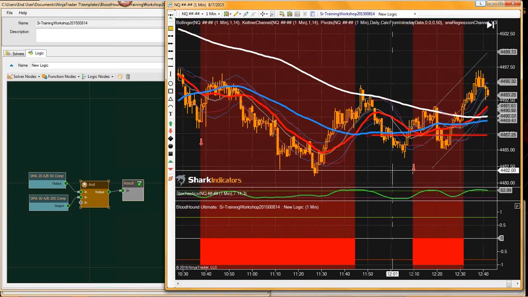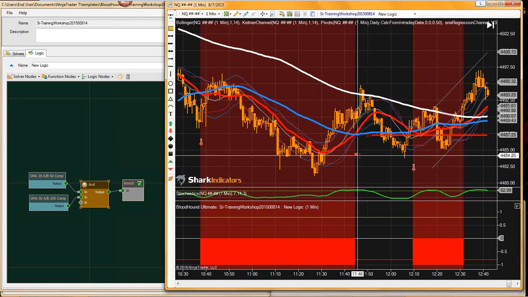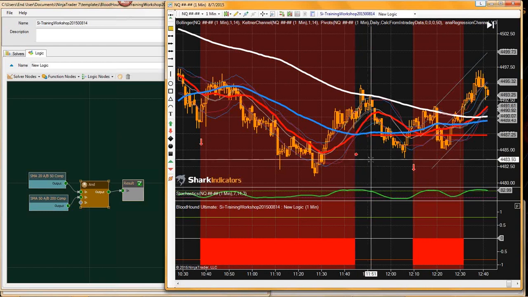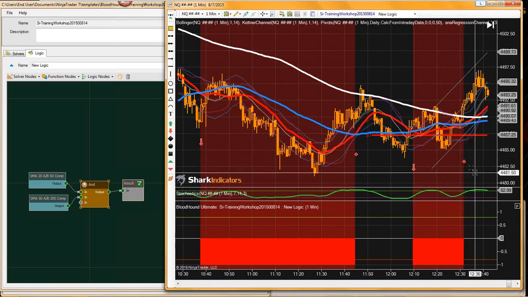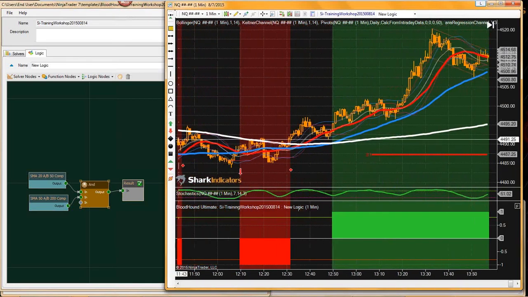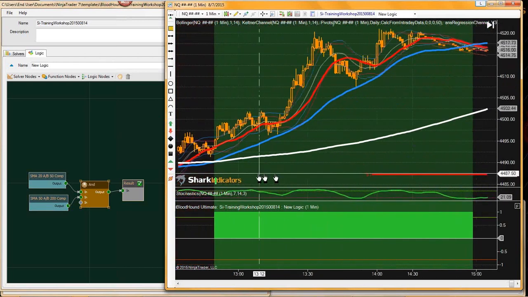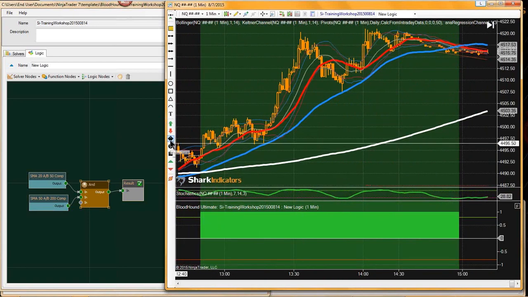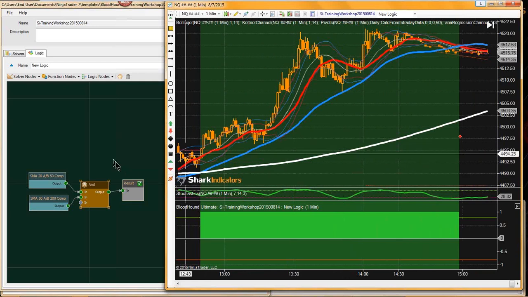So these are going to be the entry signals. And then we want to identify the first bar when the signals disappear, and same thing for a long situation.